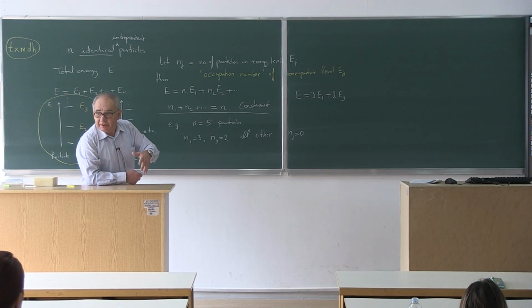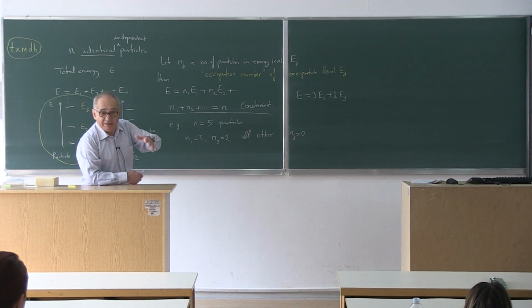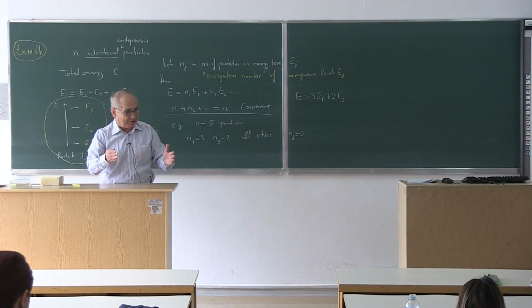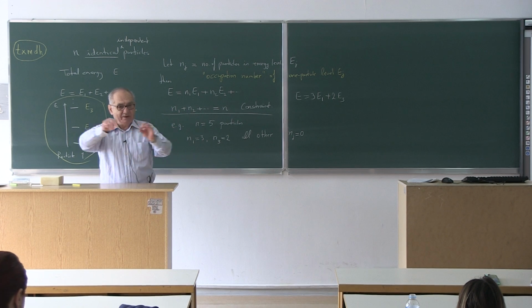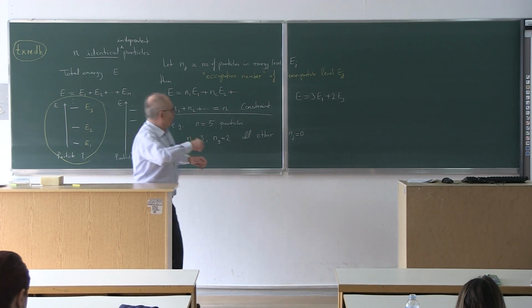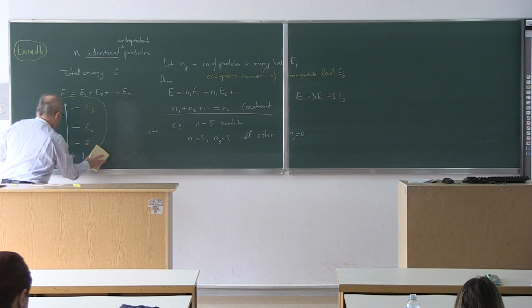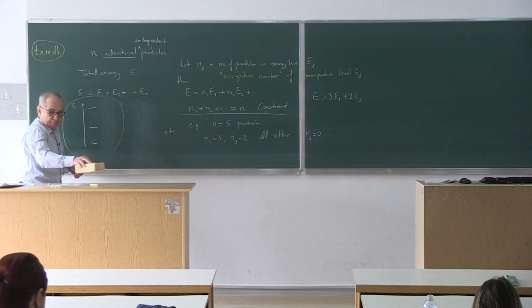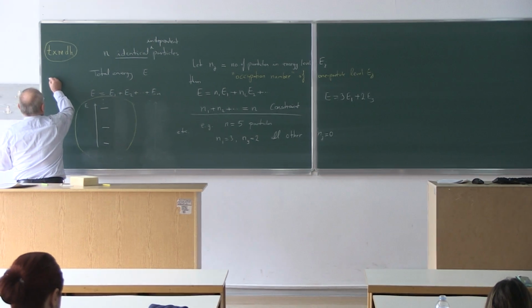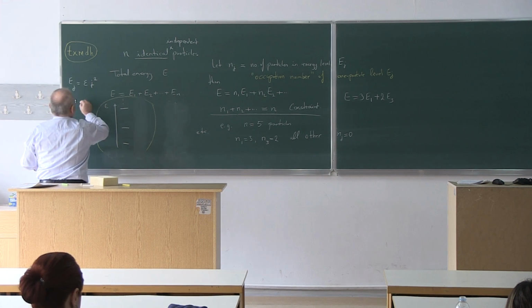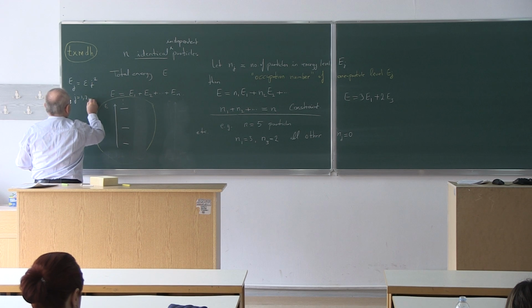As a further example, let us assume that these 5 particles are independently moving in a one-dimensional box with box size A. In that case, our energy expression is Ej equals epsilon times j squared, where j is 1, 2, and so on.